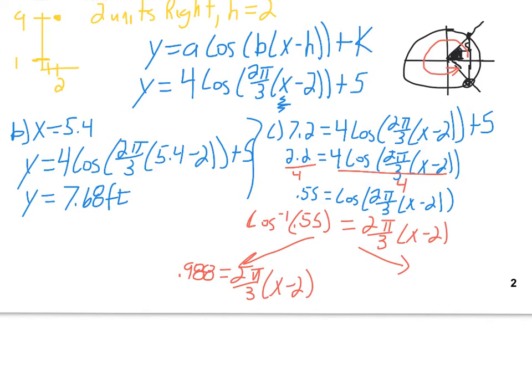The black angle is 0.988. If you just take the inverse cosine of 0.55, you get 0.988 radians as your angle measure. And the red one comes from taking 2 pi minus 0.988, and that comes out to be 5.30.